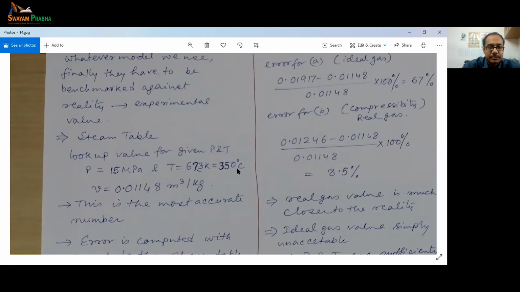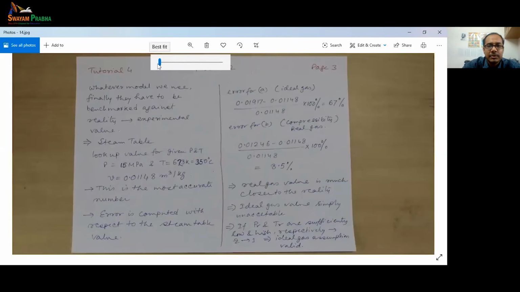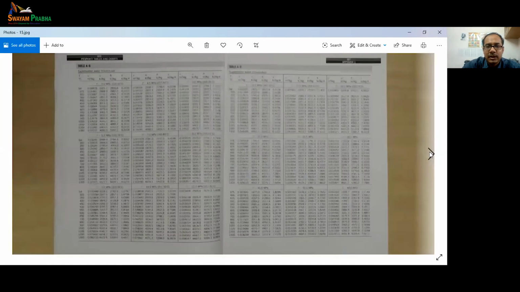So in the superheated steam table, we look up 15 MPa and temperature 623 Kelvin. That means 350 degrees centigrade, because 350 degrees centigrade is the value that is given for the steam table. So let's look at the value for 15 MPa and 350 degrees centigrade.